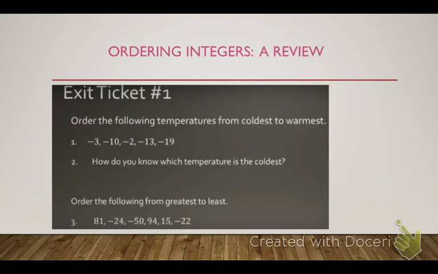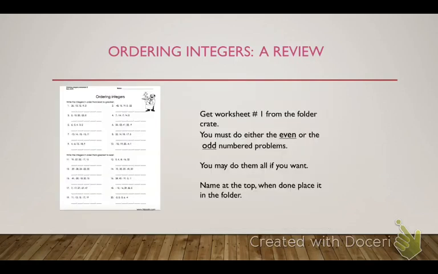Next part. When you're done with that, you're going to do your assignment. Now make sure that when you work on your assignment that you take time to go through it, read it carefully. Once you're done with worksheet number 1, you're going to hand that in with your notes, with the independent work on the back. Your assignment is coming in, and your exit ticket.